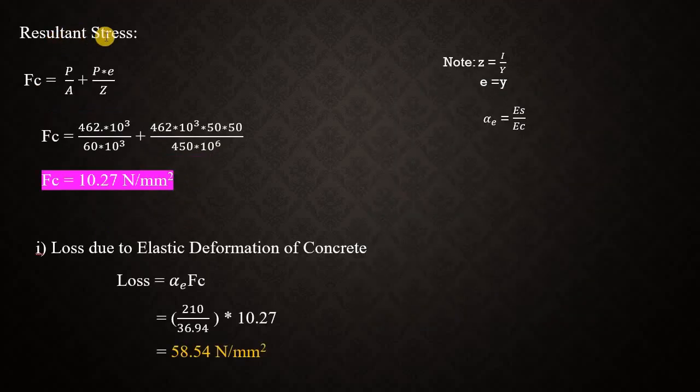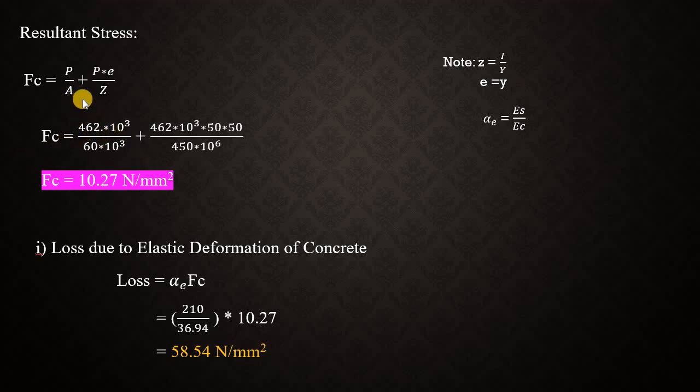Next is calculation of the resultant stress. We require this FC to calculate elastic deformation of the concrete. FC is P by A plus PE by Z. First of all, FC is nothing but resultant stress. Z is section modulus, equal to I by Y. But here, instead of Y, we should replace it by E, that is eccentricity.